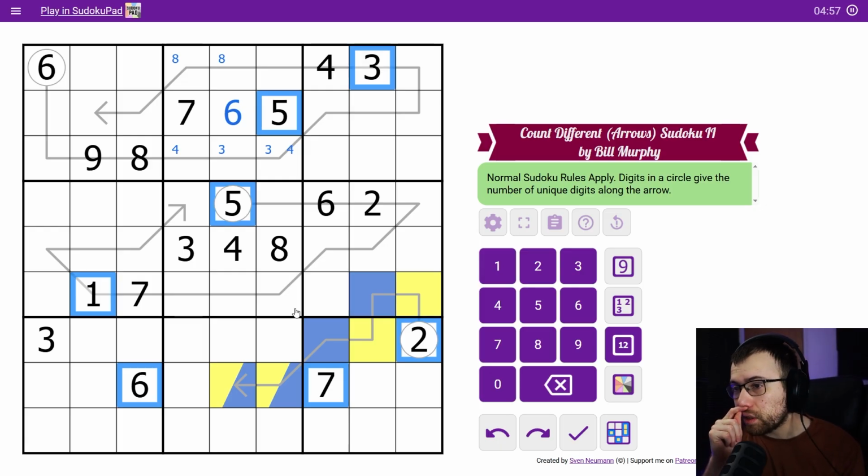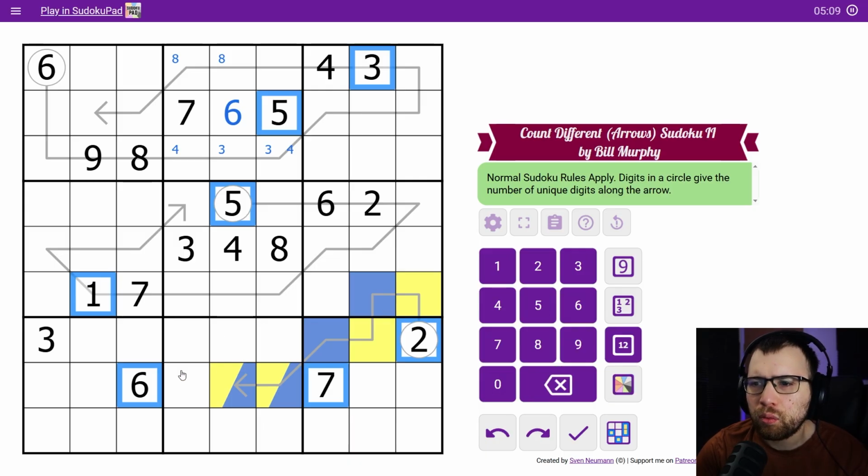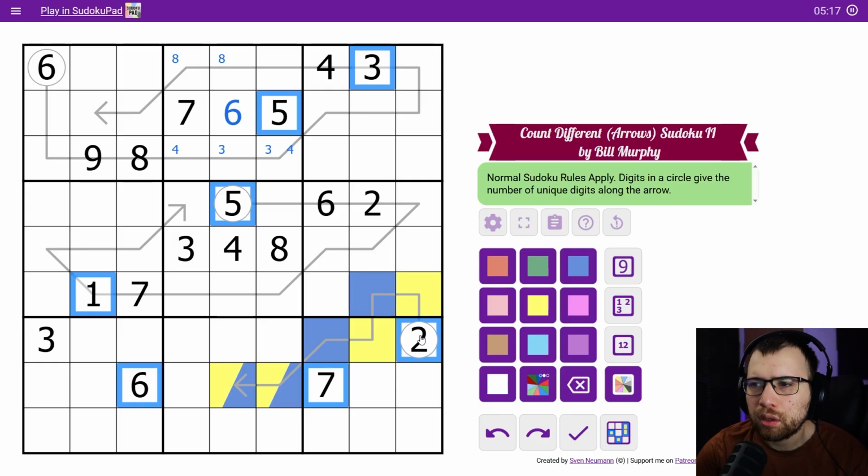Oh, that actually is really interesting. The 3 digits left over are probably 8, 9, and 6. Oh no, what about 4? Wait. I have 1, 2, 3, 4. No, 6 is here. What am I saying? So it's 4. It's 4, 8, 9.